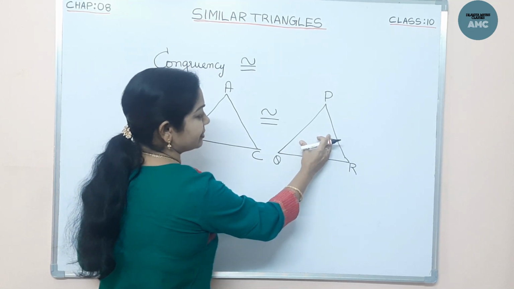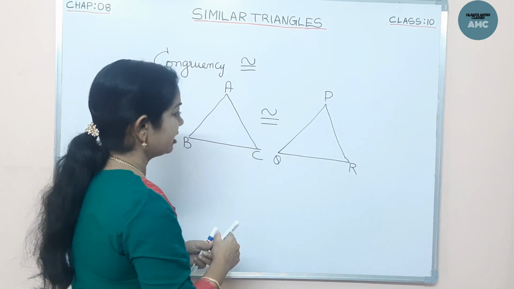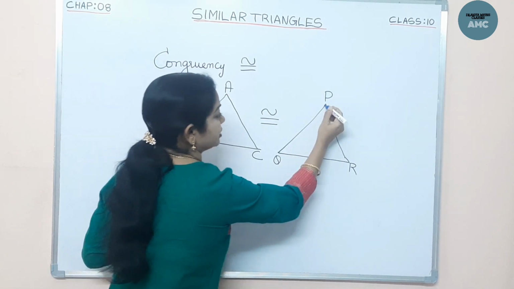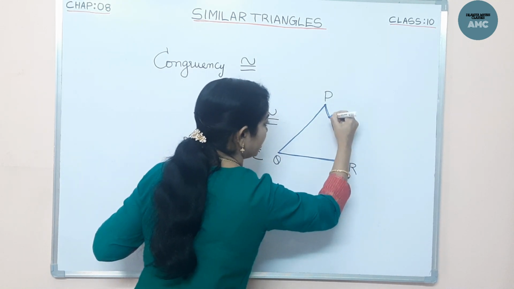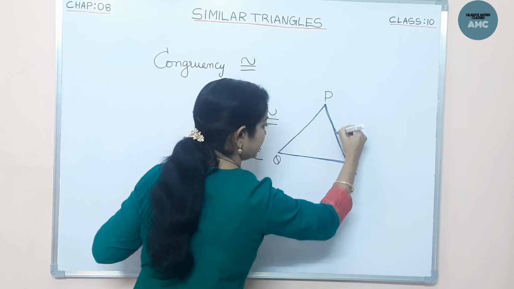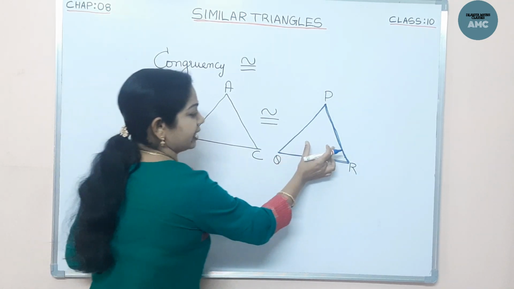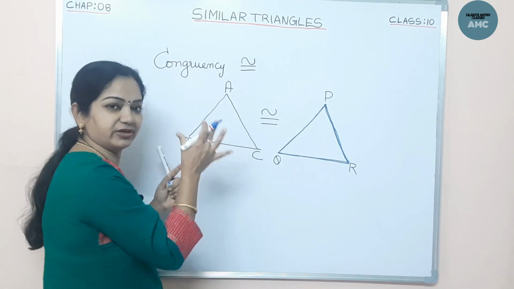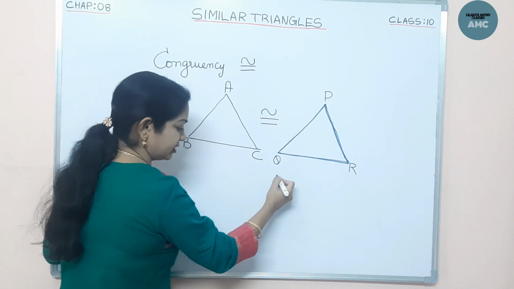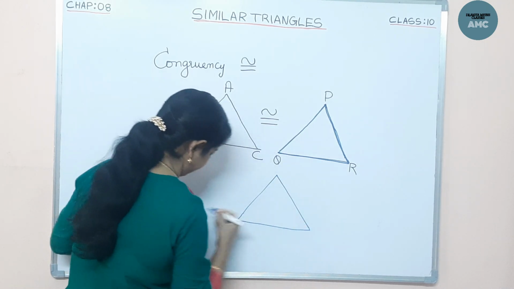If I overlap this with the triangle ABC, that means if I draw this with the blue color, let me draw PQR with the blue color. The blue triangle is PQR, whereas the black triangle is ABC. Now, if I take this triangle and overlap on this, exactly it fits. It exactly forms this type.